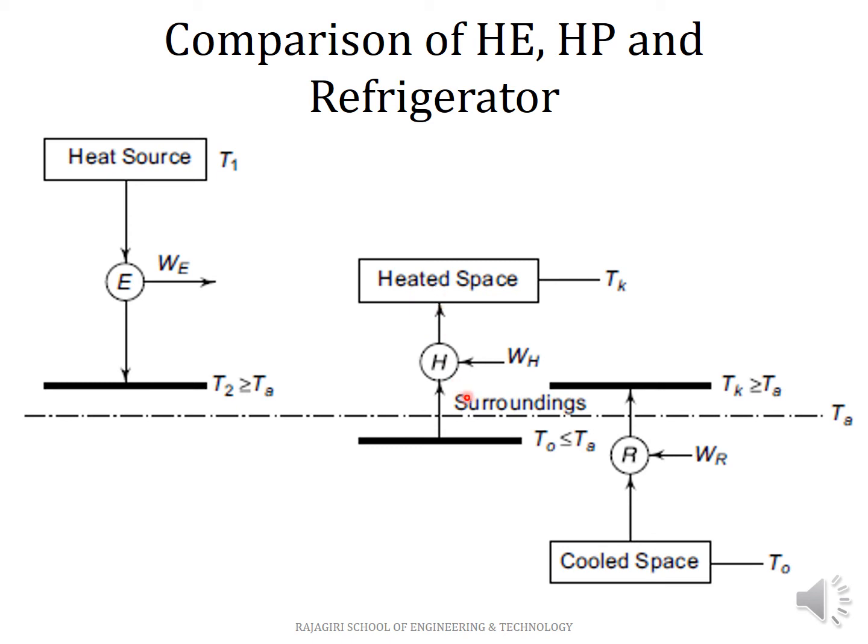Thus, a refrigerator that is used for cooling in summer can be used as a heat pump for heating in winter, either by rotating the machine by 180 degrees or by using some special valves.